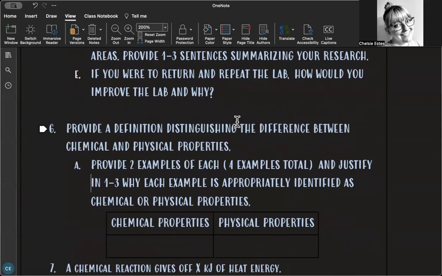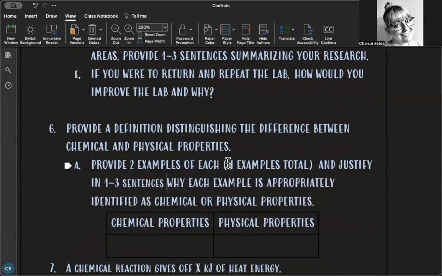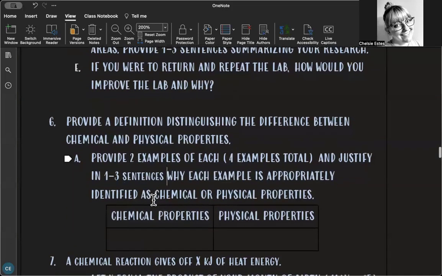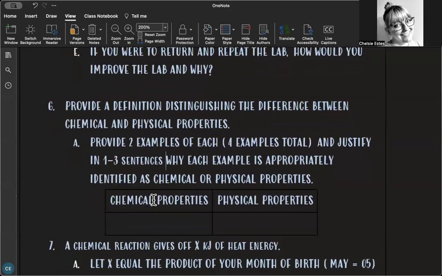Provide a definition distinguishing the difference between chemical and physical properties. Provide 2 examples of each. So that's 4 examples total, 2 under chemical properties, 2 under physical properties, and justify in 1 to 3 sentences why each example is appropriately identified as chemical or physical properties.